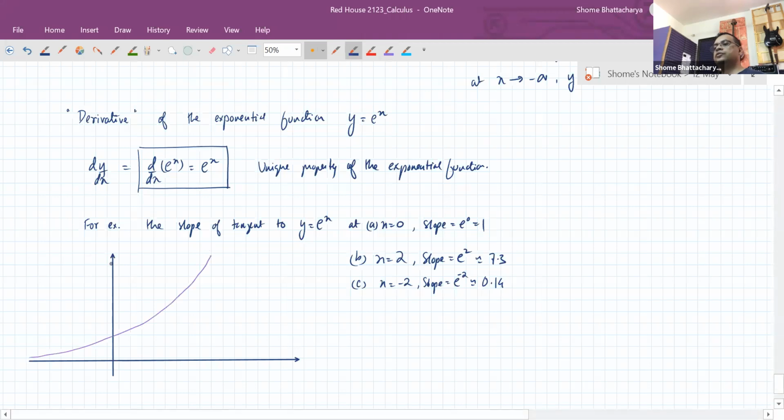This is a graph of y is equal to e raised power x. And for example, if I draw a tangent at this point, it looks like this. But if I draw a tangent at a larger value of x, accordingly slope also increases.